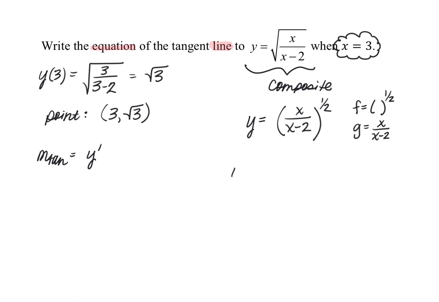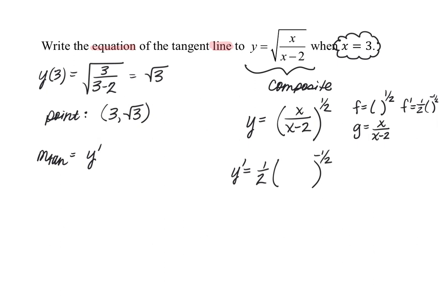So let's utilize the chain rule to compute the derivative of this function. So the derivative of the outer function, the derivative of something to the 1/2 power, will be 1/2 something to the negative 1/2 power. Remember, I'm utilizing the power rule there. So that would be 1/2 times the original quantity raised to the negative 1/2.